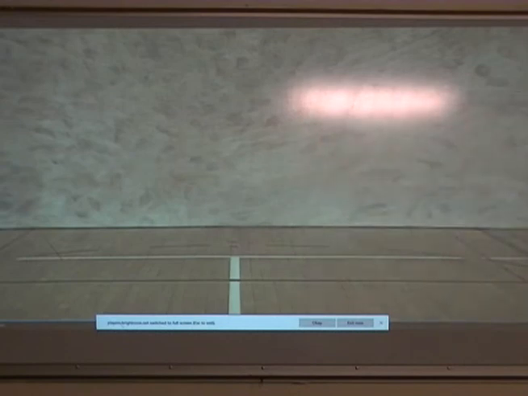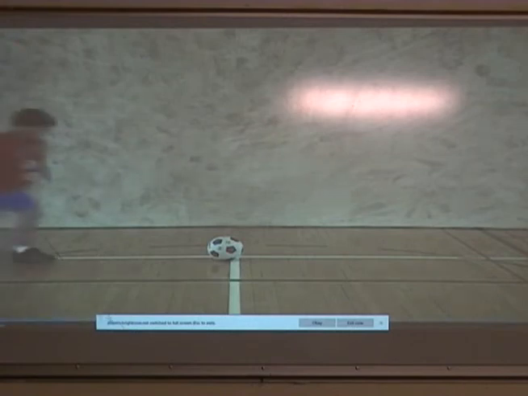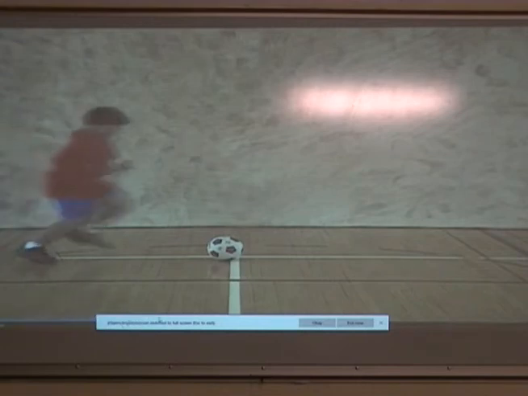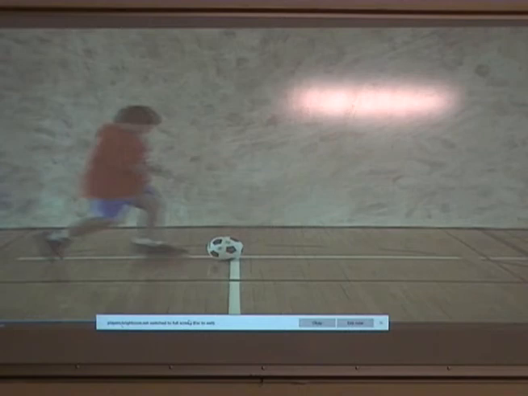So I can't slow it down. Let's see if I can catch. I mean, he's kind of like, he's running, isn't he? It's really close.